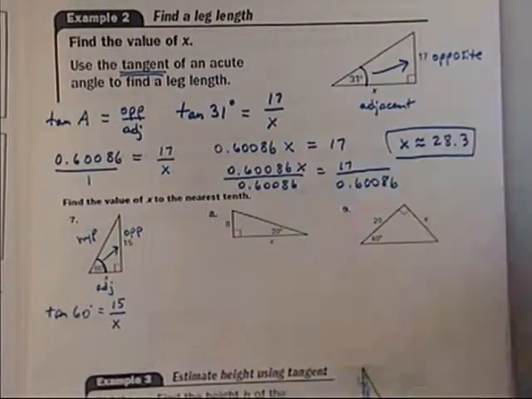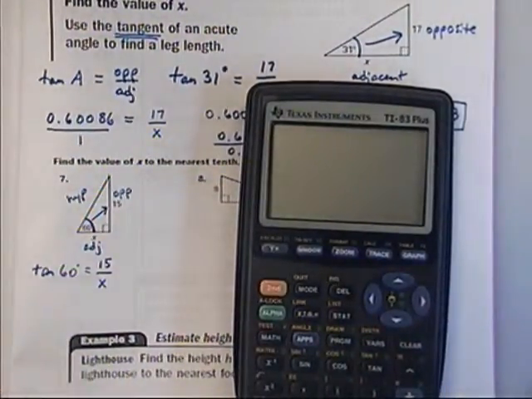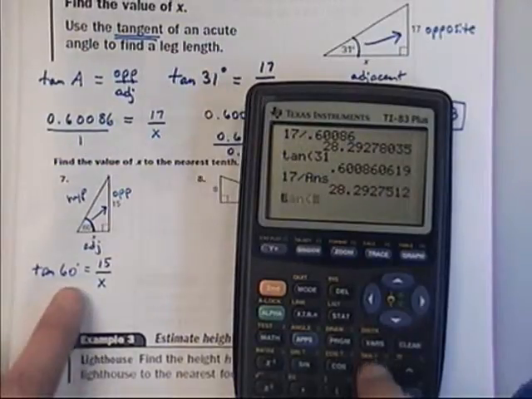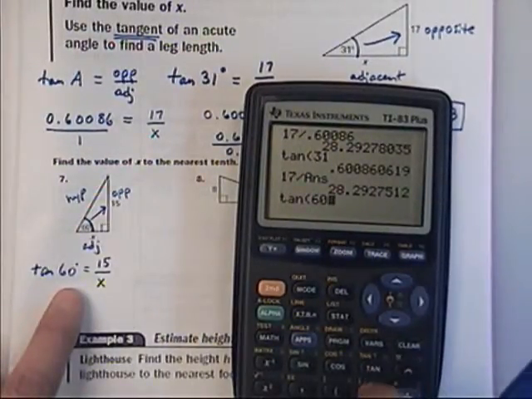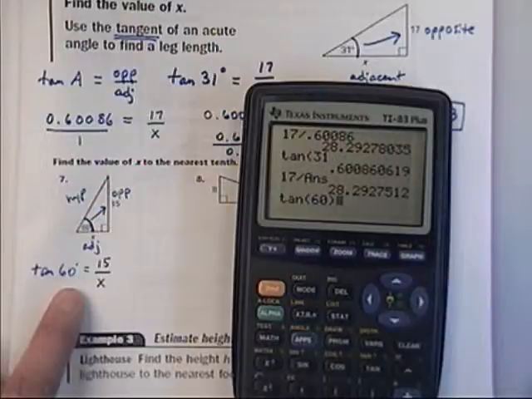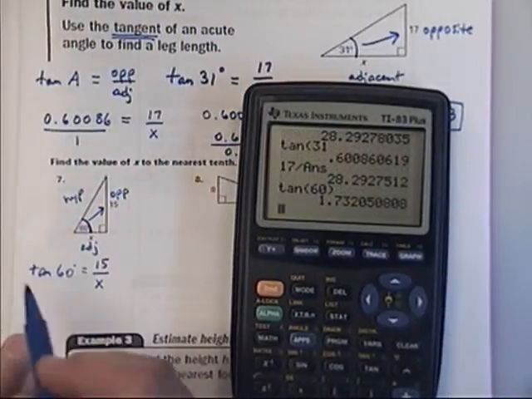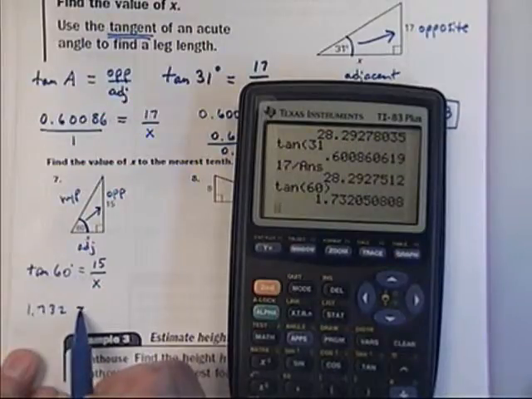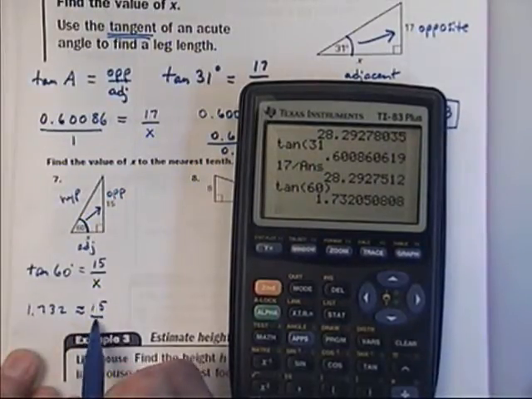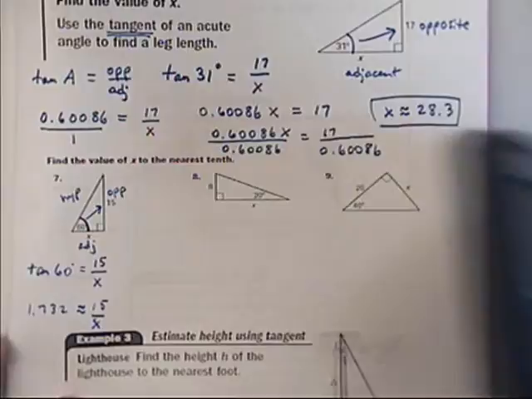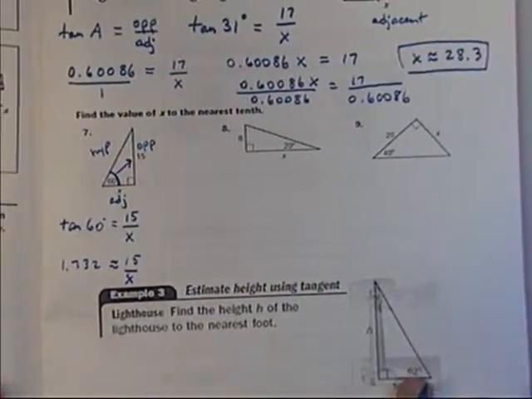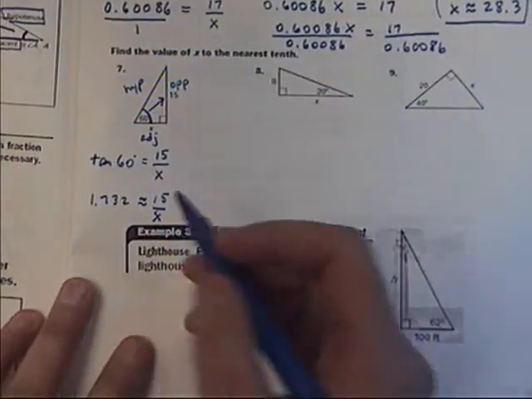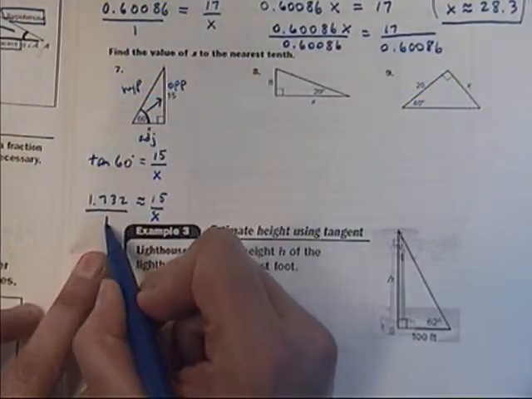So we can take our calculators, and I showed you this in the last video. We push tangent and 60, making sure our calculator is in degree mode. I've already done that. I get about 1.732. And then I get to cross multiply here. This number could be written as a fraction if I write it over 1.